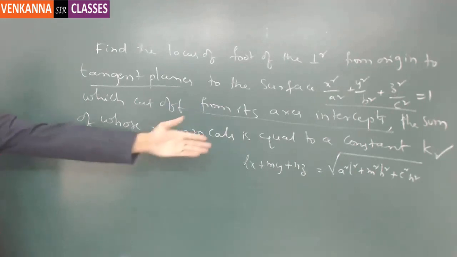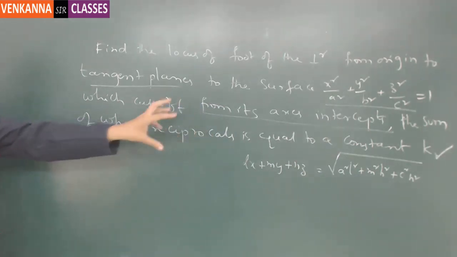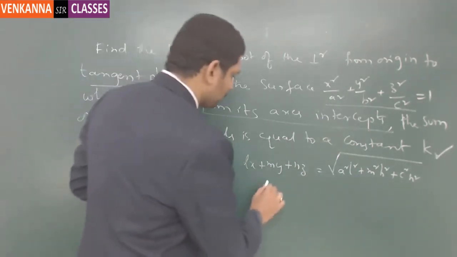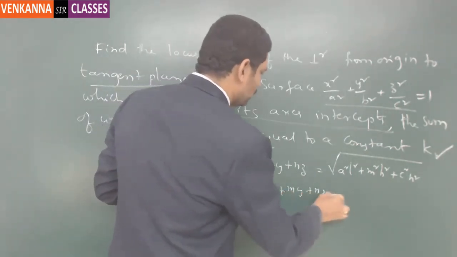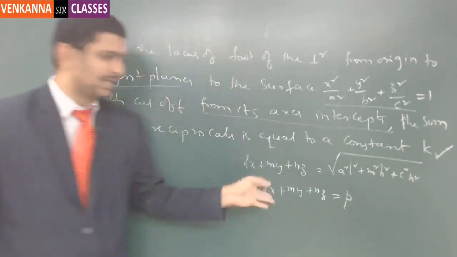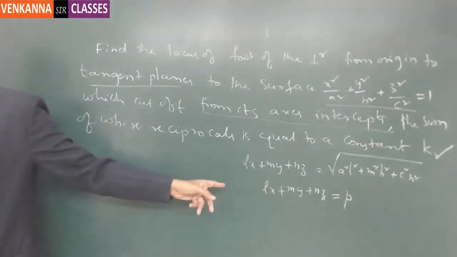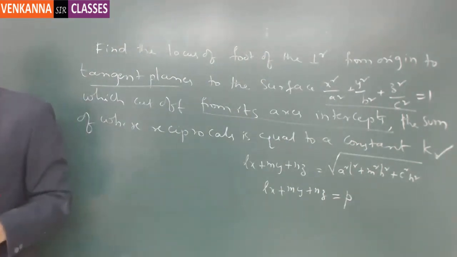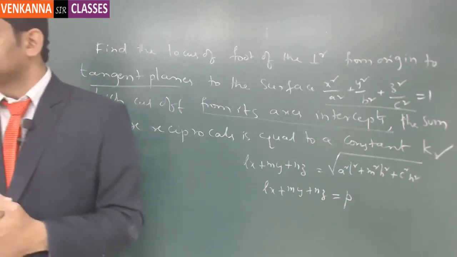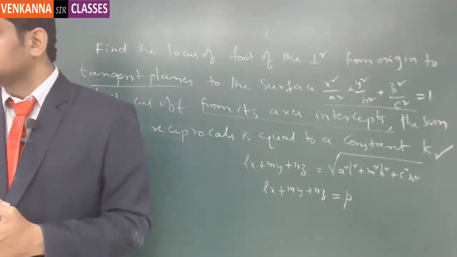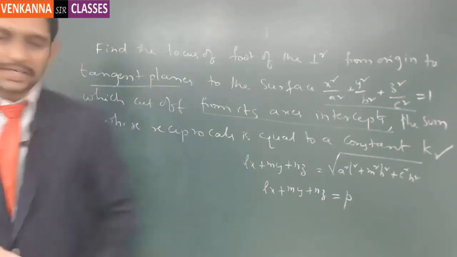So for our understanding, let us say lx + my + nz = p. This is a plane. What could be the x-intercept here? For this plane, if you write the x-intercept, what is the point? P by l, right?